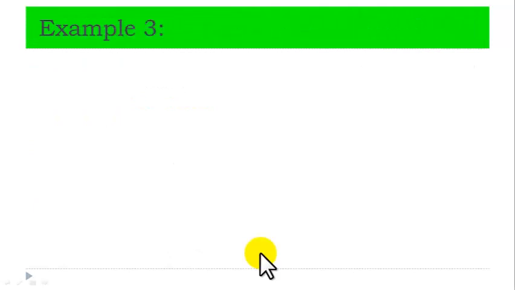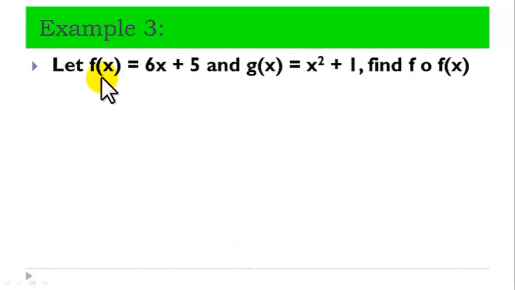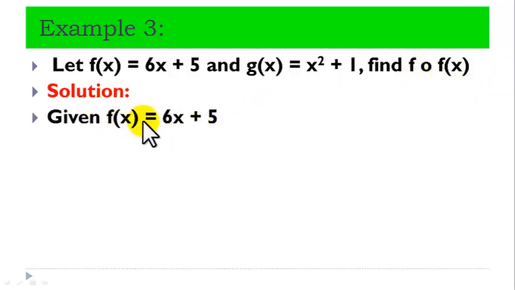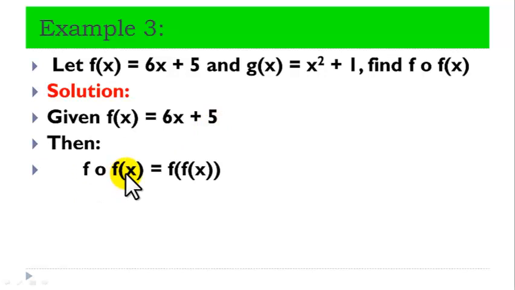Example 3. Let f of x equal 6x plus 5 and g of x equal x squared plus 1. Find f∘f of x. Solution. Again, we start with f of x. Given f of x equal to 6x plus 5, then f∘f of x is equal to f of f of x.